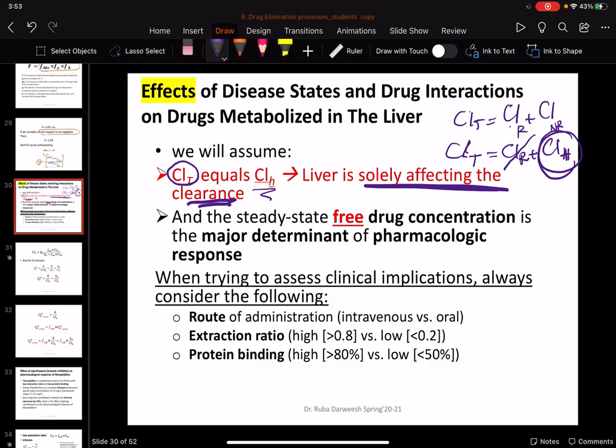Okay. Another thing we are assuming is that the steady state free drug concentration is the concentration that would cause the pharmacological effect or pharmacological response. When we want to determine if there is any clinical implication of whatever is happening in the metabolism, we need to know the route of administration, because it affects the end result.